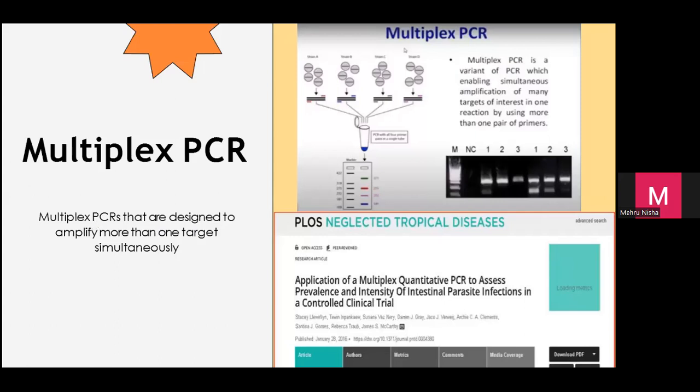Kalau nested 2. Yang ni are designed to amplify more than one target simultaneously. Kita tak target satu region saja, kita target beberapa region di strain itu. Jadi kita guna one or more than one primers. And also kalau DNA itu kita ada beberapa DNA yang boleh tambah dalam tube.